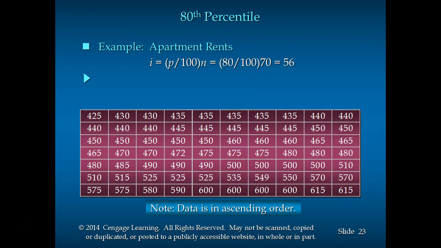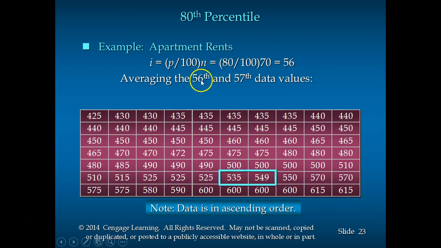Does this make sense? Again, you put in the percentile here, you multiply by the total number 70, it gives you a position number. Because the position number is an integer, which is a whole number, that's what an integer means, a whole number, you get the average between the 56th position and the next one, which is the 57th position in this case, okay?